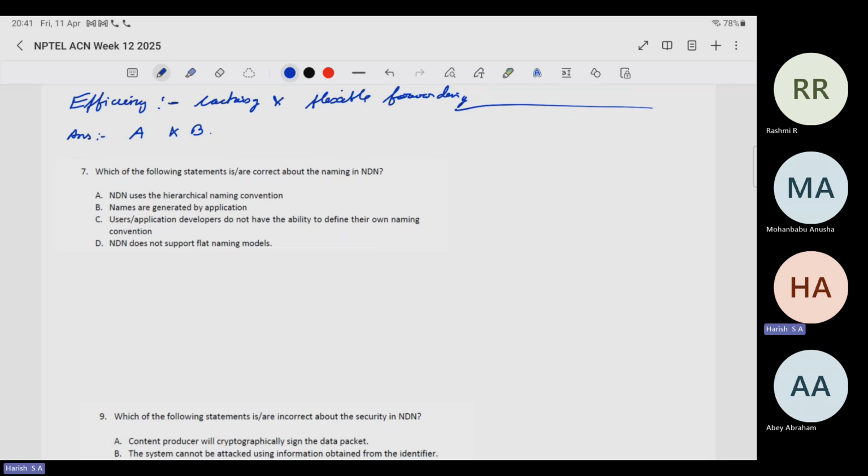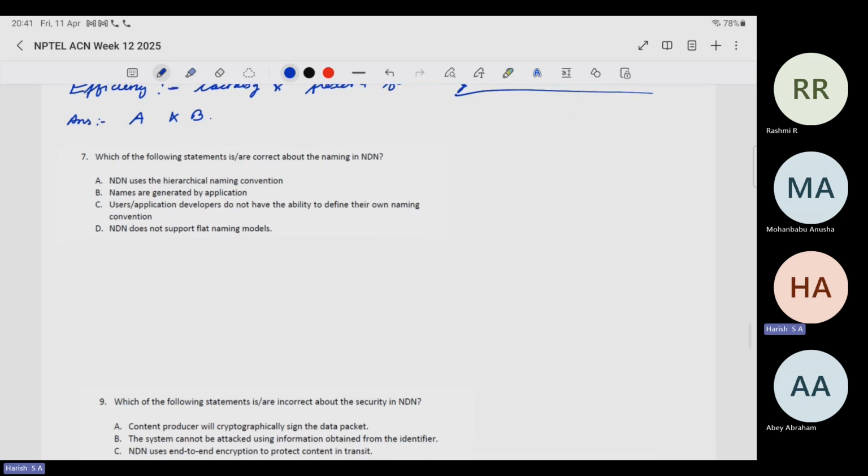If you look at NDN, names are fundamental components. They identify the content directly and are an integral part of the communication process, if you look at it as a whole. But which of these statements are correct about NDN?